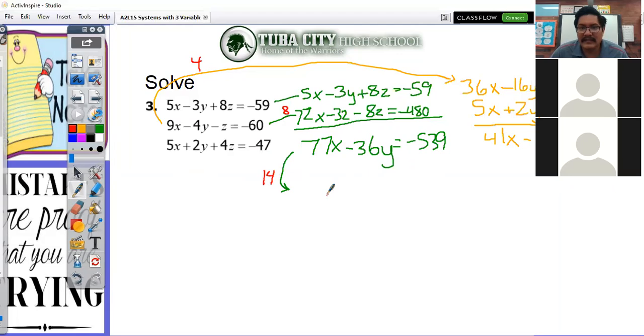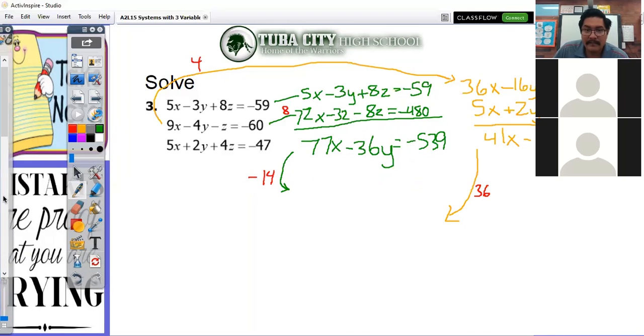So I'm gonna have to multiply this top one by 14 and multiply this bottom one by, now I'm trying to eliminate the y, so I'm gonna multiply this by 36, but I don't want them to match. So I'm gonna make one of them be the negative, and I'm gonna just pick this one. Okay, so again, if we have a good calculator, this shouldn't be a lot of work. 77 times 14.